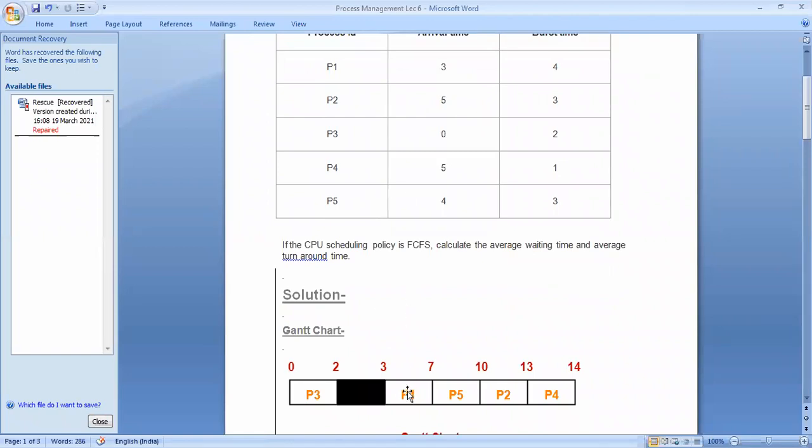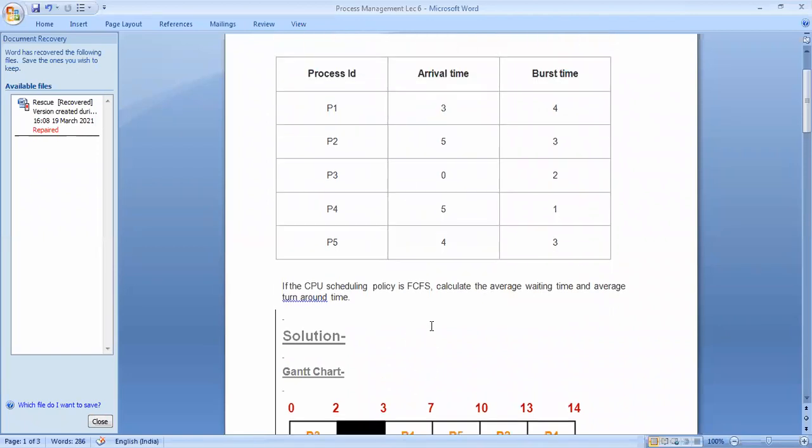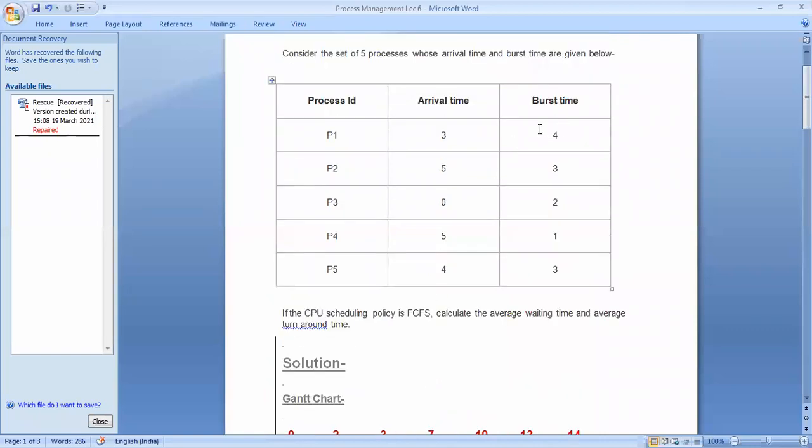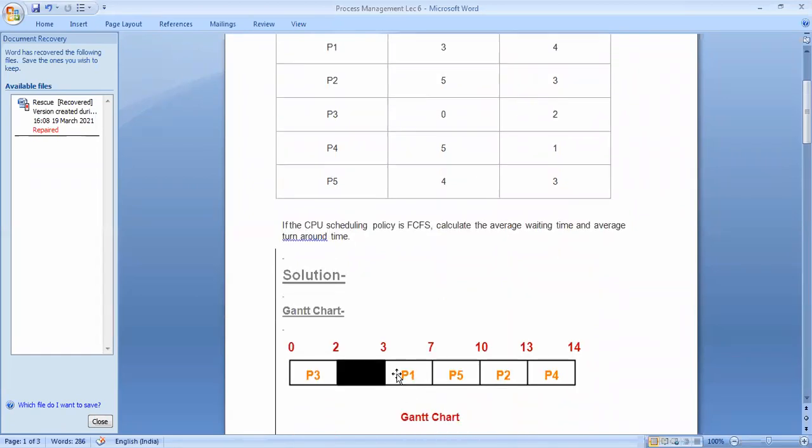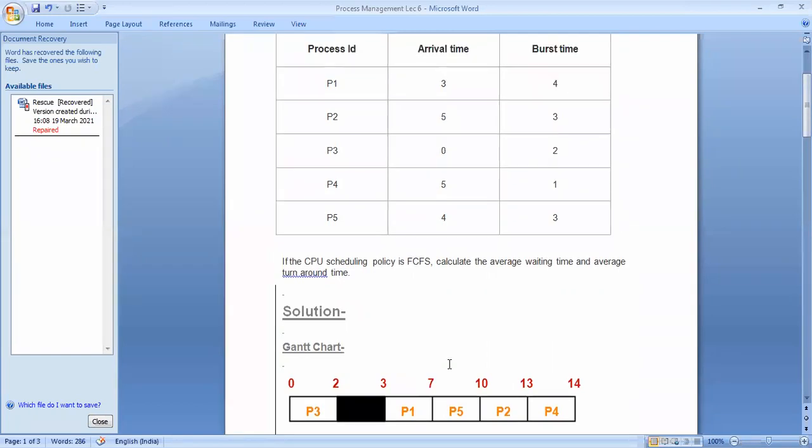P1. After 3 milliseconds P1 is in the ready queue, and how much time will it take? 4 milliseconds. Okay. So after 4 milliseconds P1 will complete. 3 plus 4 is 7. Now next, which process?